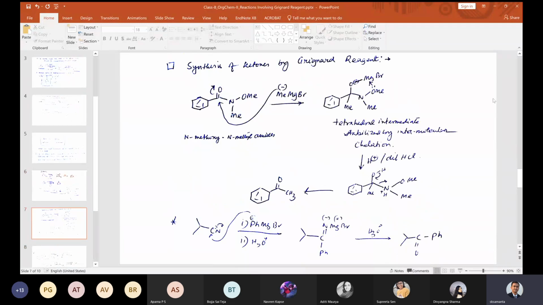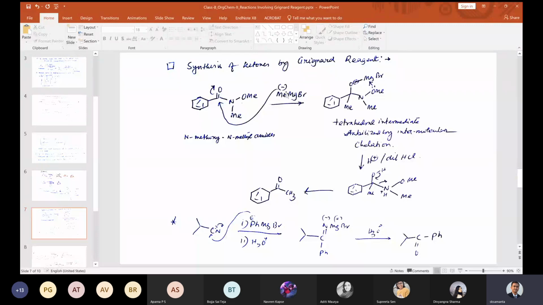In the last class, I told you about the formation of many different functional groups. Here I will give some more examples. How can you form ketones? One example we discussed is using C triple bond N: you take this Grignard reagent, it attacks there, and then you acidify, you get ketone. There is another way: you can form ketone by using amides.